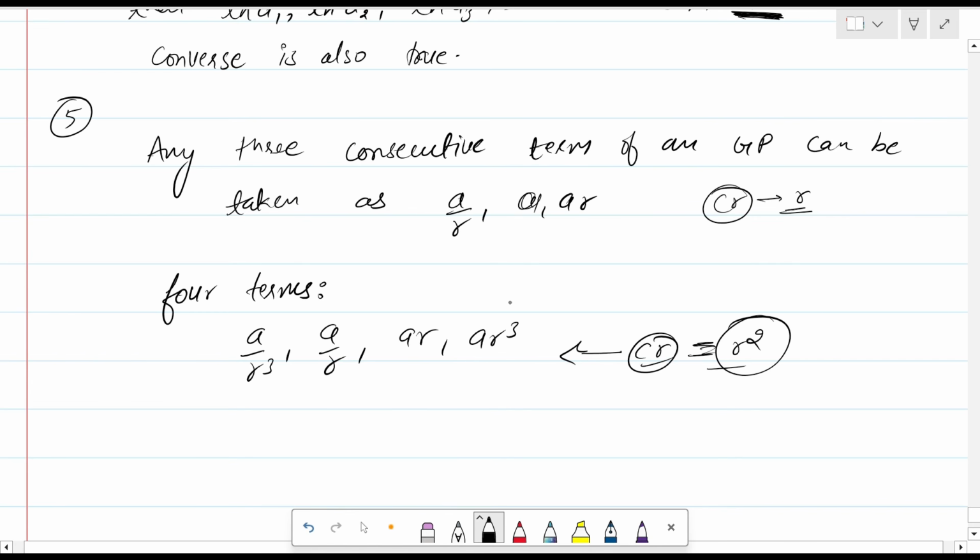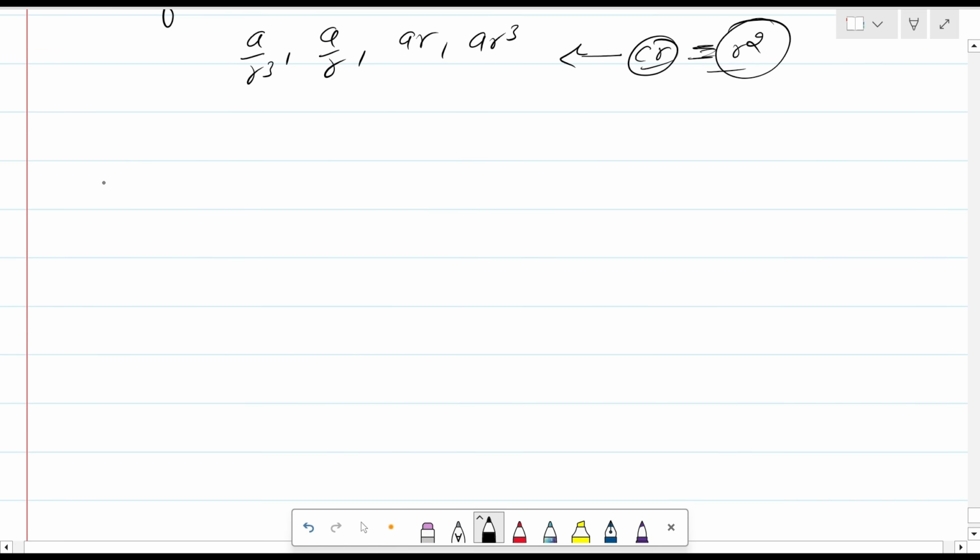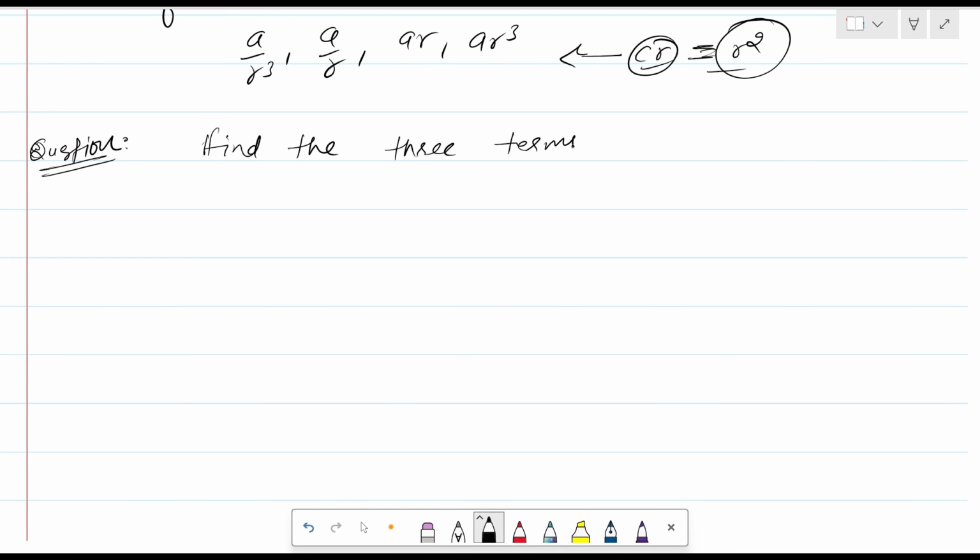So now I'm solving an example which is related to this property. Find the three terms in GP having sum 26 and product 216.